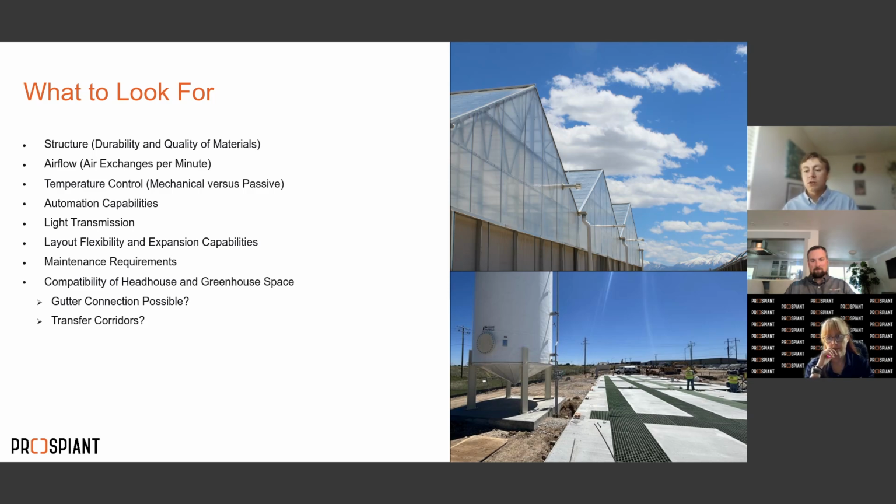How do I have an efficient way to move water from one tank to another? Am I using grates in the ground such as this, or am I doing all above ground piping? So there's a lot of water to be handled, and the design on how water is going to be moved is crucial. And you can just see in this photo below just how many grates are being installed. That is going to make the design more complicated and more complex than a traditional, regular greenhouse irrigation system.